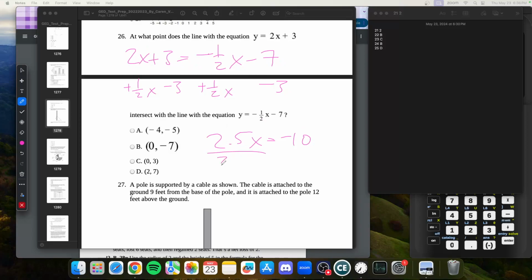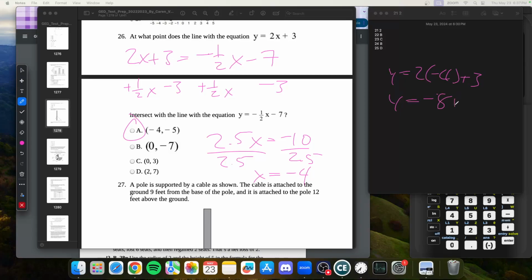And then here you can divide both sides by 2.5. And then x is equal to -4. Actually, that's enough to pick A already, because the only answer choice out of the 4 that has -4 for x is A. And at this point you would plug it back in to get y equals what? 2 times -4 plus 3. We already did that multiple times.